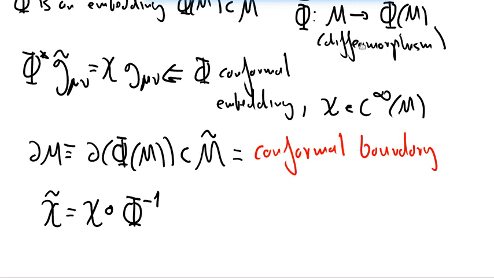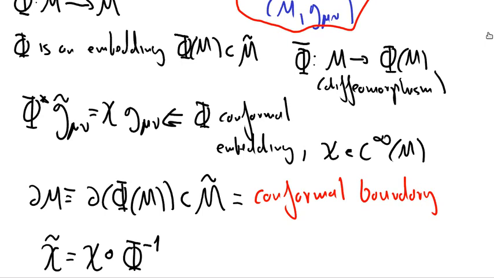Since I said that this restricted map is a diffeomorphism, maybe I should write here the bar, because this is what we are actually inverting.